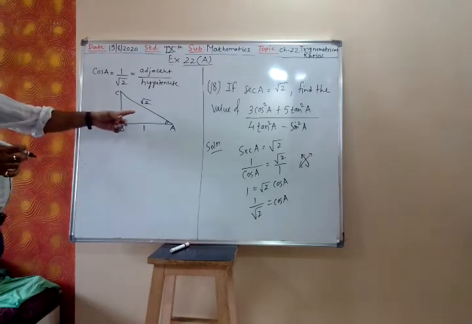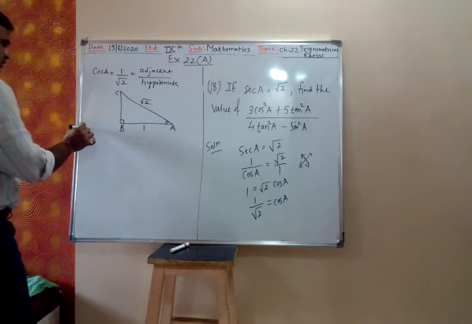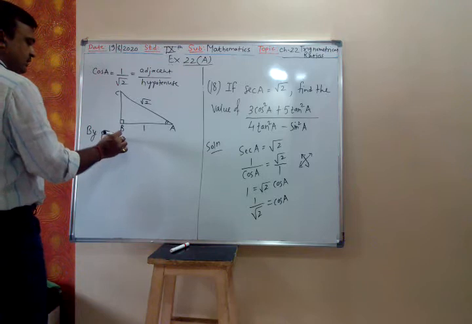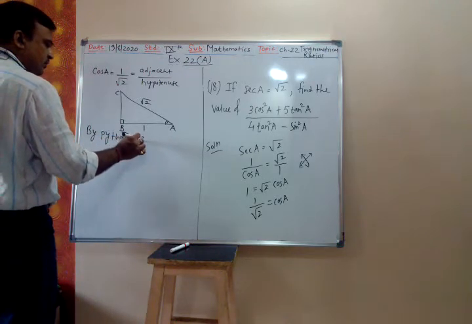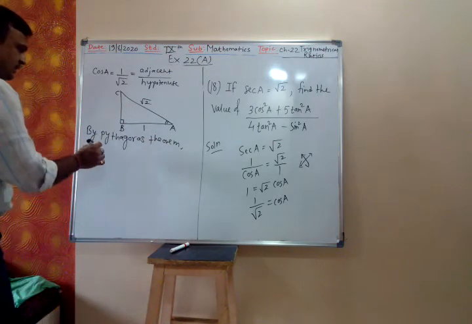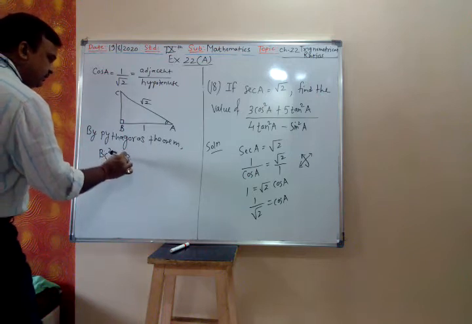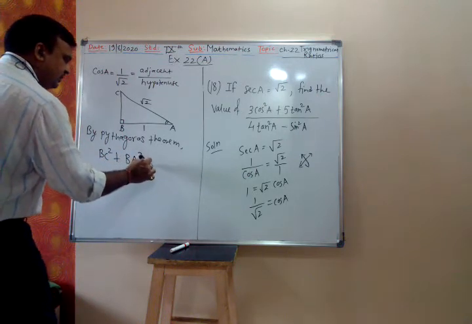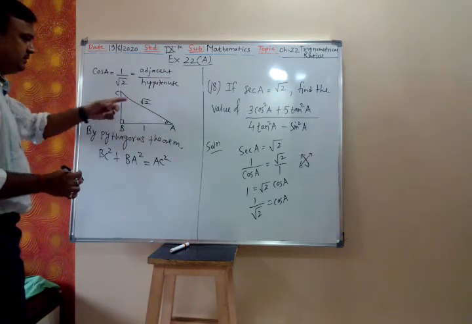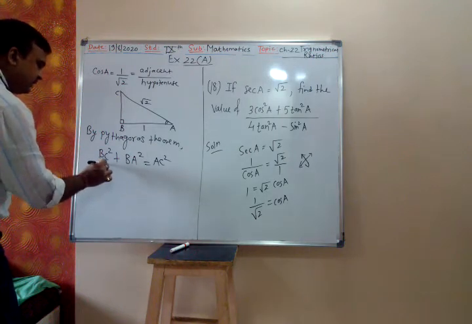So using Pythagoras theorem, we find the value of BC. We get BC square plus BA square is equal to AC square. So BC we have to find.